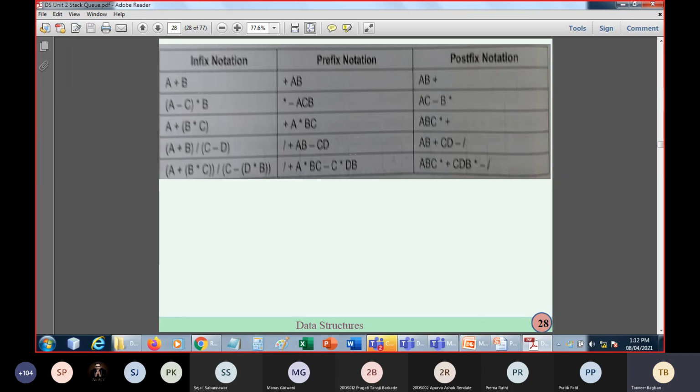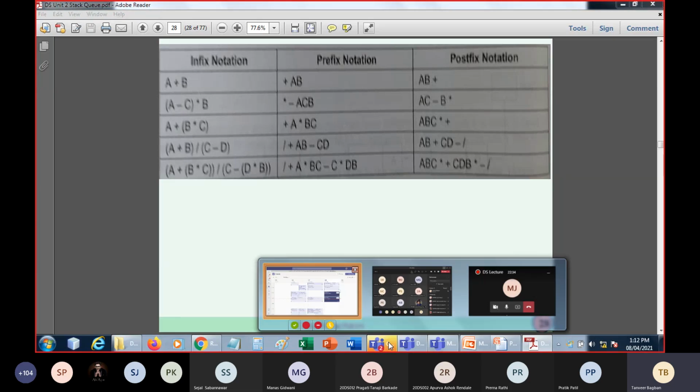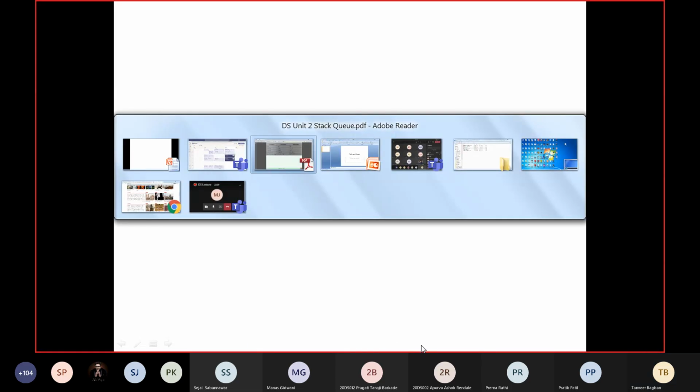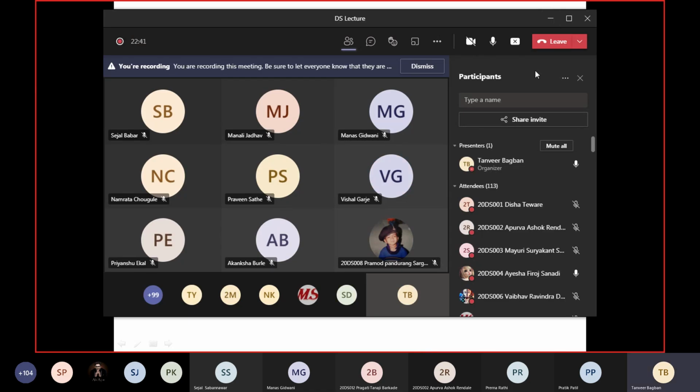And if operator priority is also the same, then associativity is considered, that is left to right associativity or right to left associativity, as per the associativity it is considered.